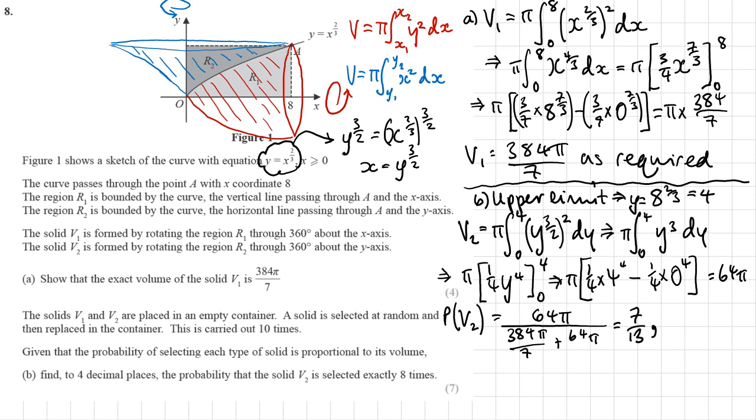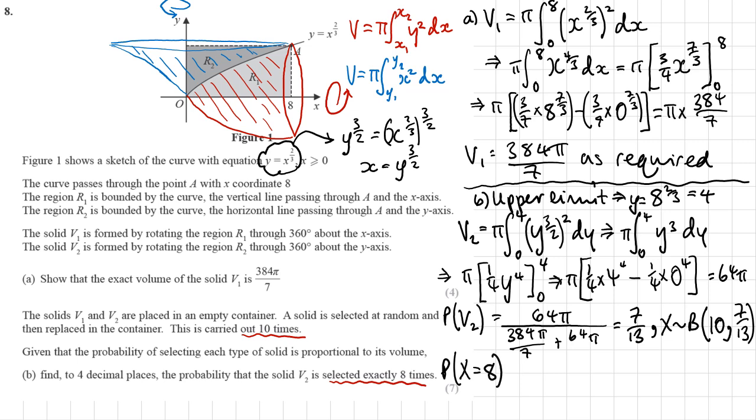Now if we look at the question, we have 10 trials, and we want to find the probability that a solid V2 is selected exactly 8 times. So this is a binomial distribution where we have 10 trials, and the probability of getting V2 is going to be 7 over 13. And I need to work out the probability that I'm successful exactly 8 times.